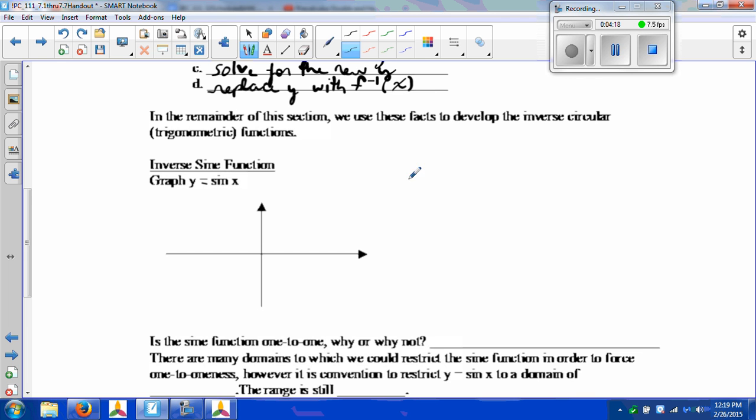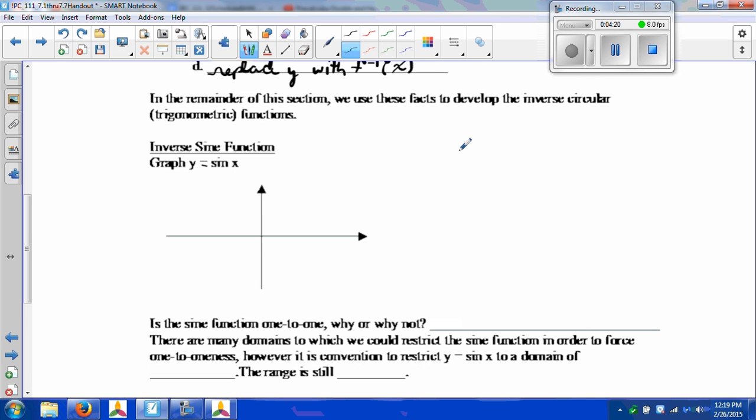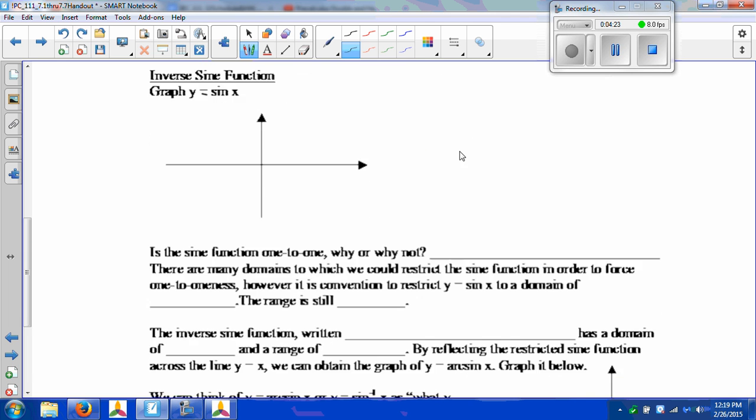All right, in the remainder of this section, we'll use these facts to develop the inverse circular or trigonometric functions. So first we're going to start with graphing y equals the sine of x. It has 4 parts to it. I mean, there are an infinite number of parts, but we're just going to do 4 on the right and 4 on the left, just to get a basic idea of it.